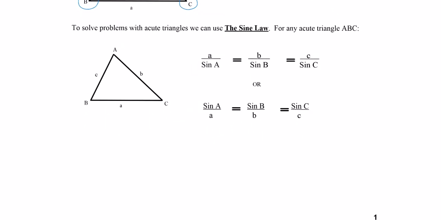Now, the sine law says that the ratio of the side over the angle, or the angle over the side, is the same for all sides. So this one here is to solve for sides. This equation is to solve for sides, which means when we're using it, we're usually using just two of these three together to solve for one unknown side.